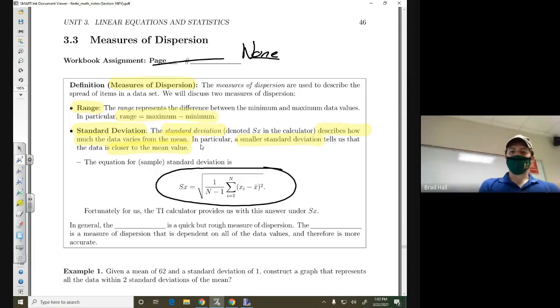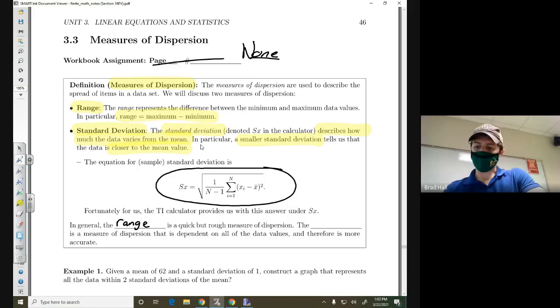And so the resolution of all of this is that the range is a quick but rough measure of dispersion. It's very quick because it's just the difference between two values. The standard deviation, which I normally notate as STDEV, or sometimes a lowercase s.